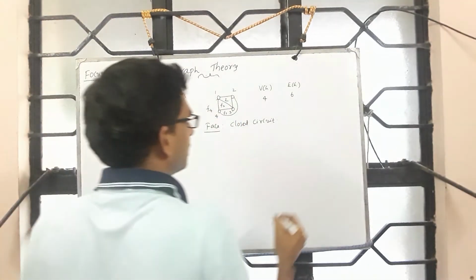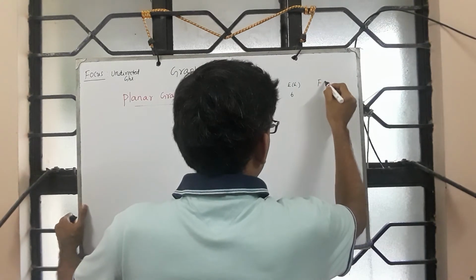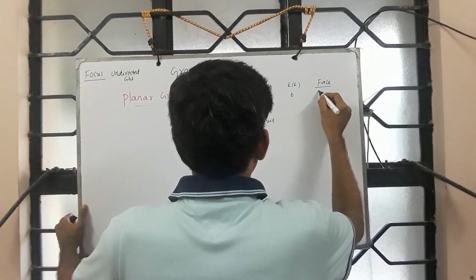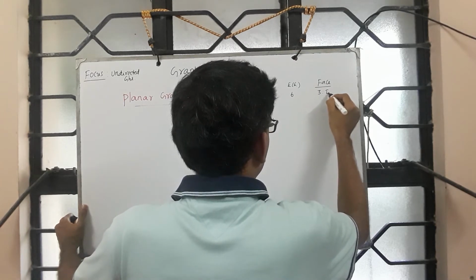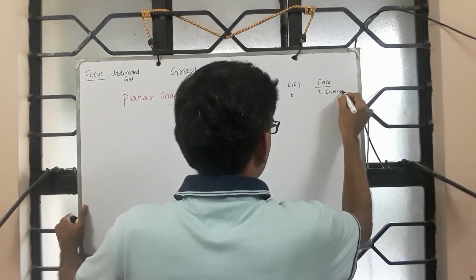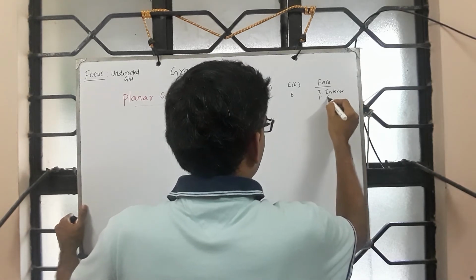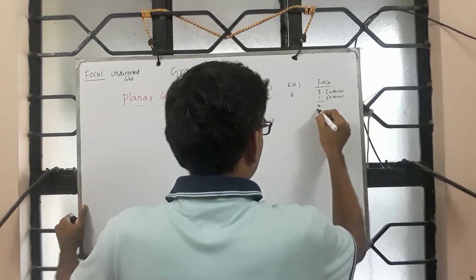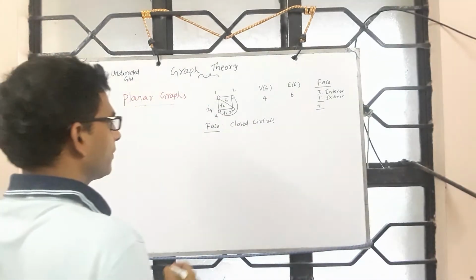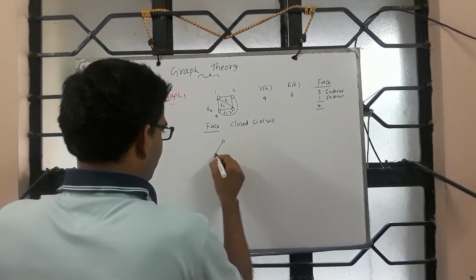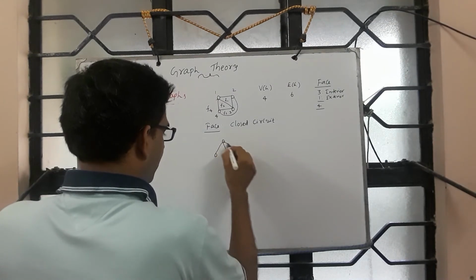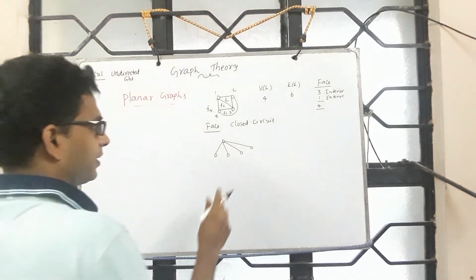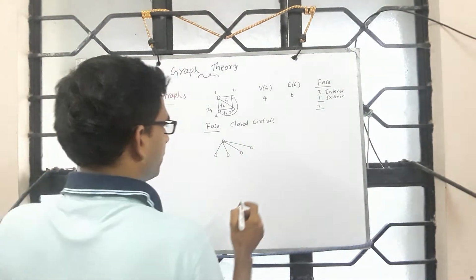So which means in terms of faces, this has 3 interior and 1 exterior. So overall there are 4 faces. If you take say a tree, now this is not having any closed circuit.